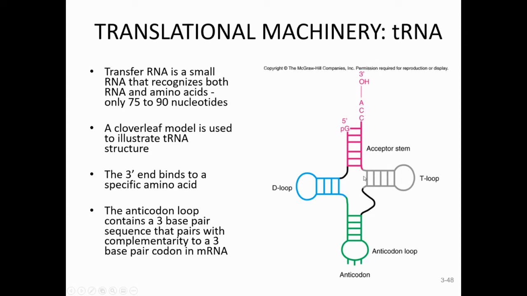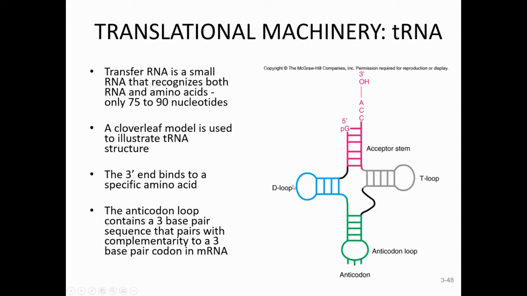The tRNA interacts with the messenger RNA and also the ribosomal RNA, because when they form this interaction, anticodon with codon on messenger RNA, the amino acid in the 3' chain will be processed by the ribosomal RNA in the large subunit to form the peptide bond. So this is the bridge between messenger RNA and the ribosomal RNA.